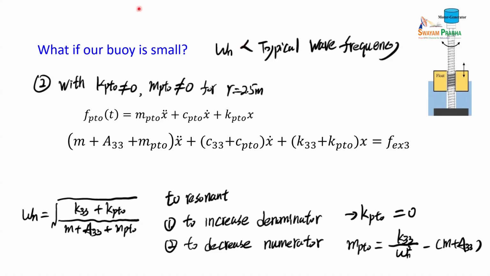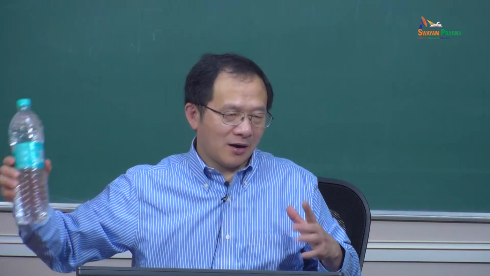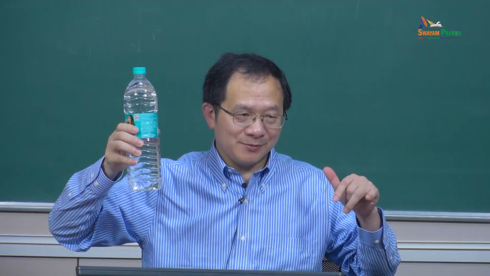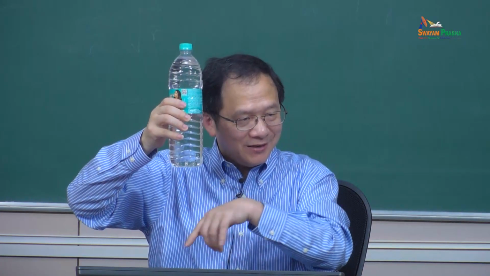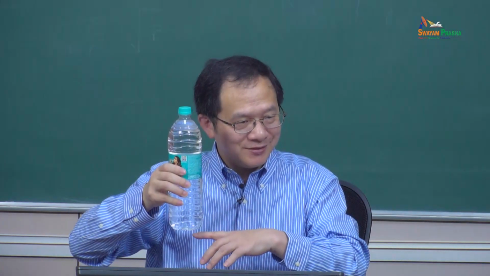Today, I said, okay, in addition to using added mass, we can use PTO's mass. And you remember, I have a figure to show the cup shape, right? Cup side, you have added mass. This added mass, you can reduce the frequency. Now, I'm teaching you another way to reduce the frequency.